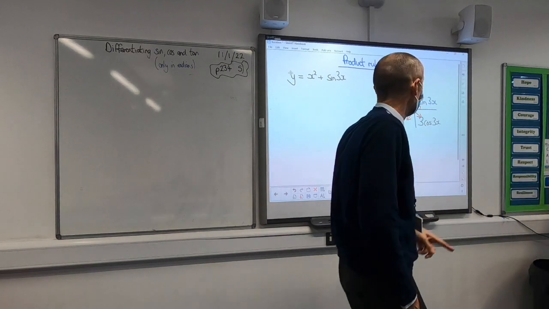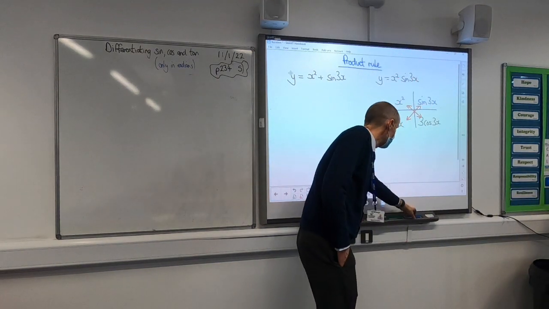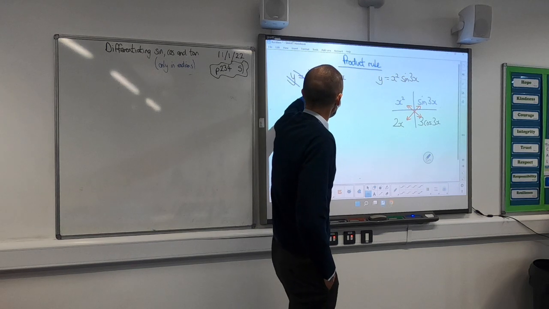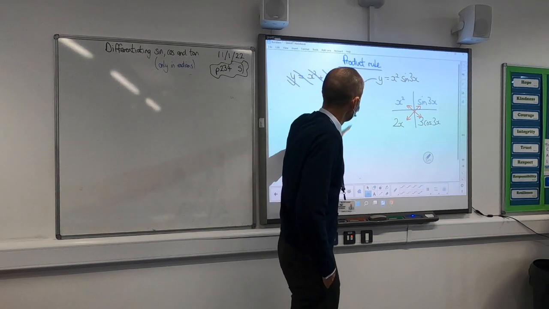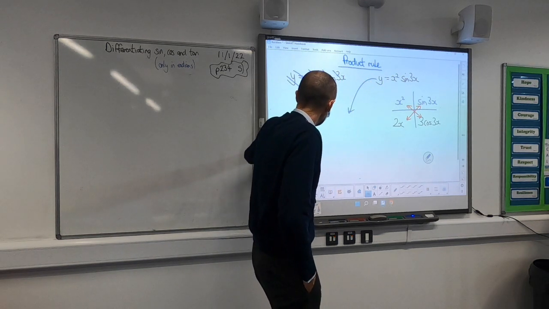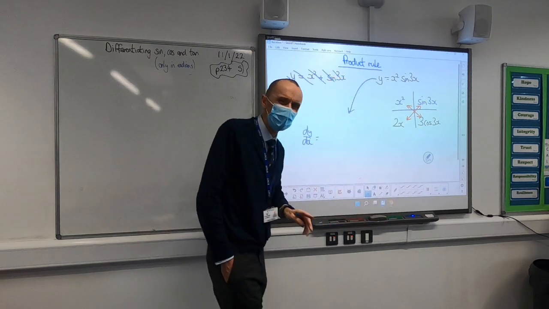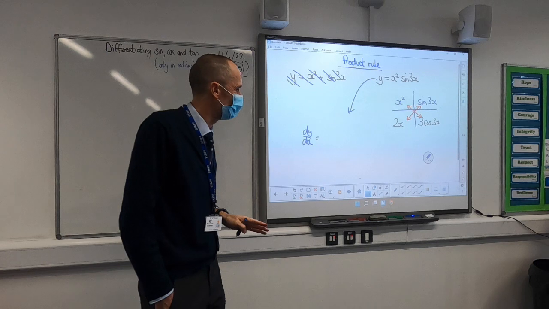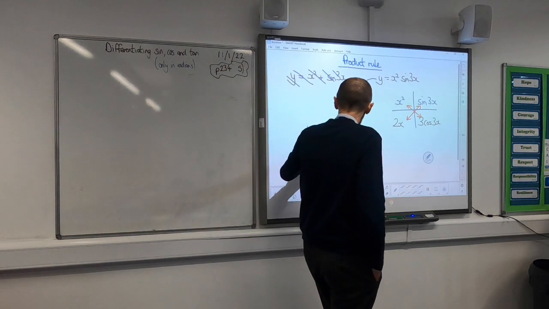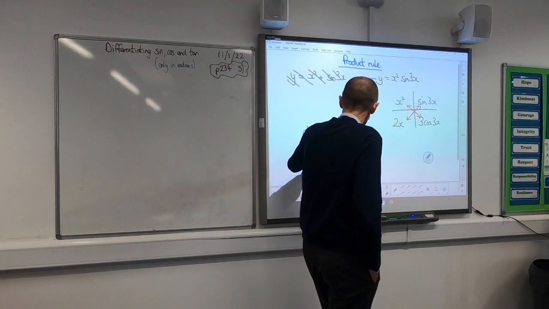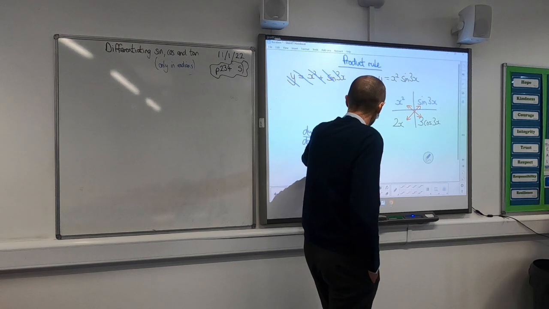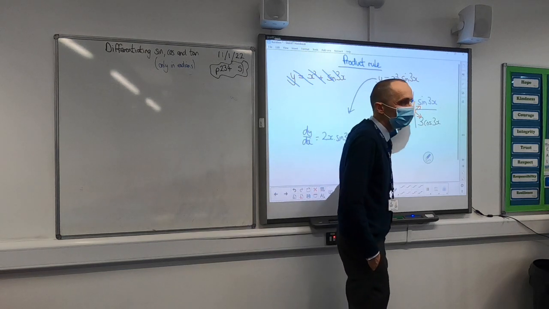So those two things multiplied together, we're not talking about that, I can already differentiate that, but for this, dy by dx, are those two things multiplied together, and choose the way it makes sense to write them. I'm going to write that as 2x times the sine of 3x. And then you add those two things multiplied together.